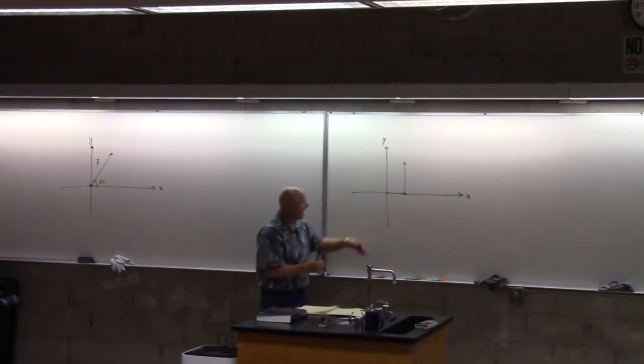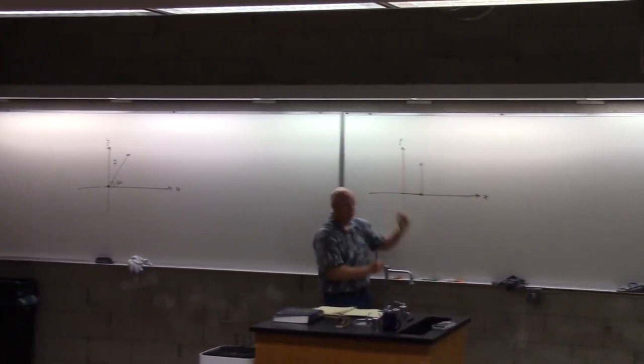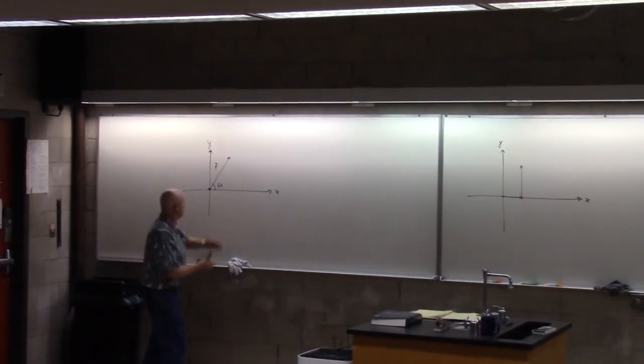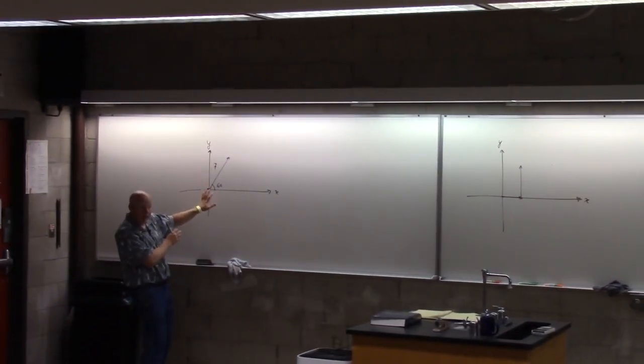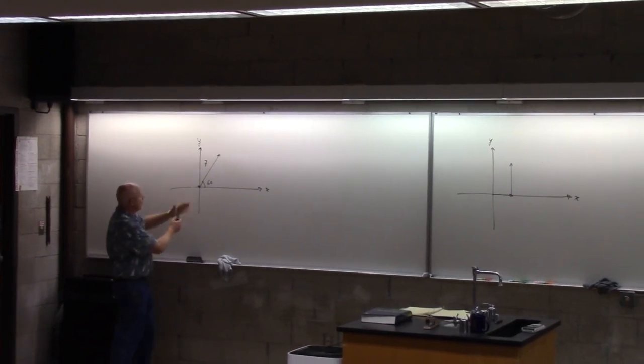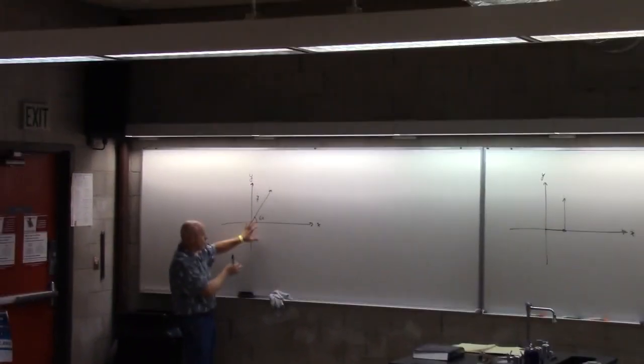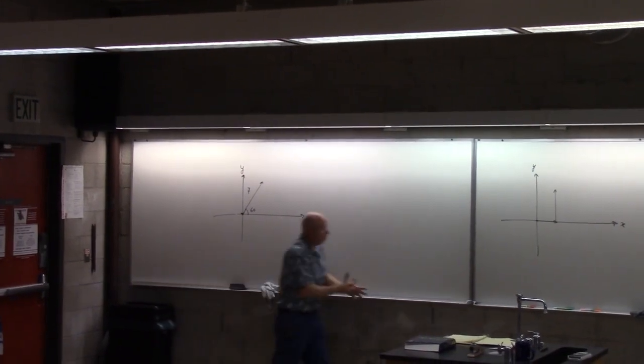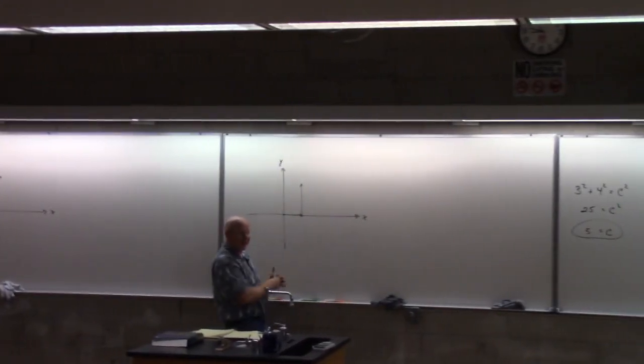I want to keep pointing out that both of these are equivalent. What I just did a moment ago is I gave you the x and y and asked what the magnitude and direction would be. So let me reverse it. Let me give you a magnitude and a direction and ask you what would be the x and the y.